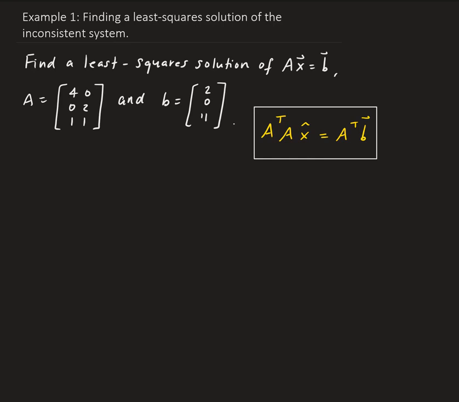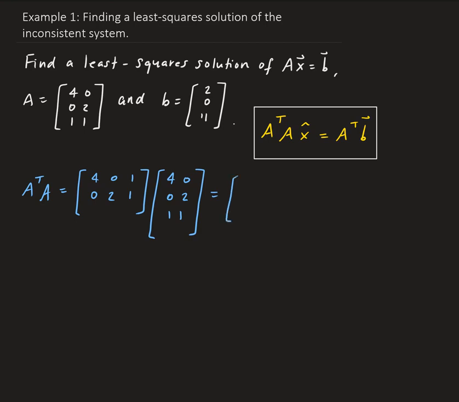So let's go ahead and find A transpose times A. A transpose will give us 4, 0, 0, 2, and then 1, 1. And then we're going to multiply this by 4, 0, 0, 2, 1, 1, which is A. This is going to give us a 2 by 2.